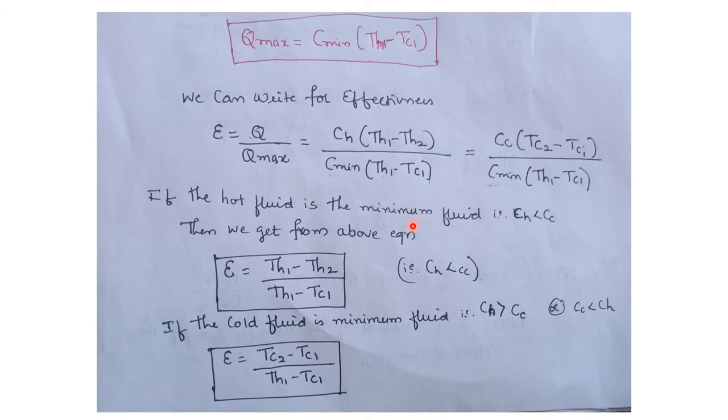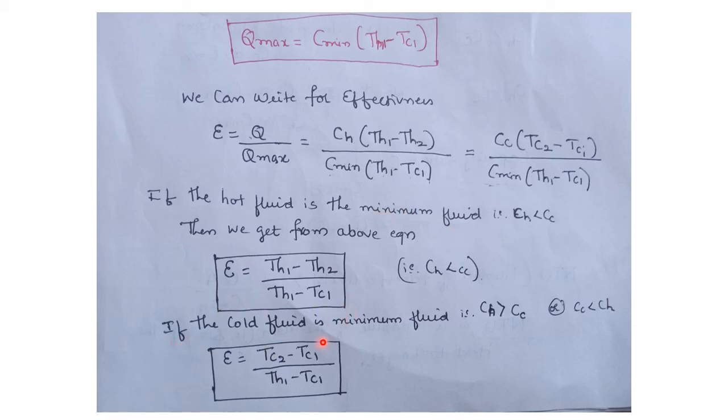In the above equations, if the value of CH is less than the value of CC, then the effectiveness of the heat exchanger is given by TH1 minus TH2 divided by TH1 minus TC1. Because CH is less than CC, we consider CH as the C minimum value, and when we consider CH as C minimum, the C minimum cancels on both sides. So my final expression will be in this form if the hot fluid has the minimum capacity rate.